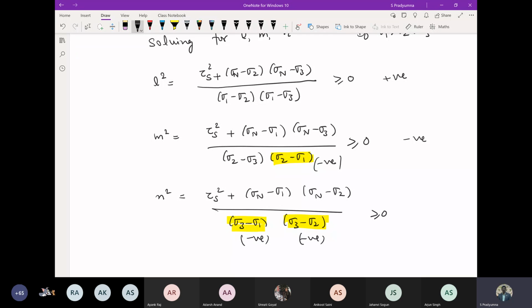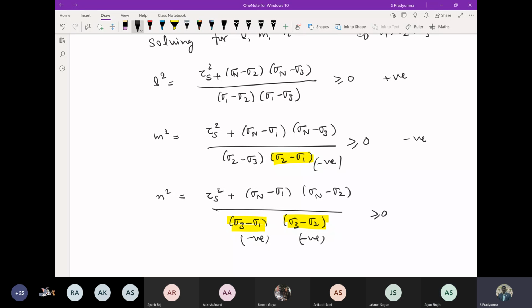Yes, sir. Because the overall L square should be greater than or equal to 0. And what happens with M square is that the denominator is negative, because sigma 2 minus sigma 1 is negative, right? What should happen with the numerator?